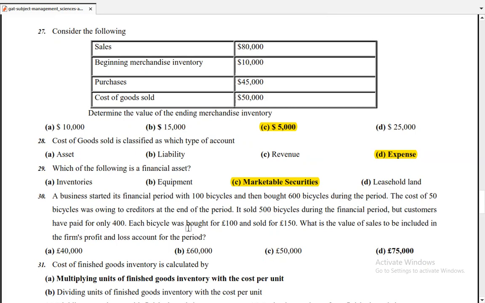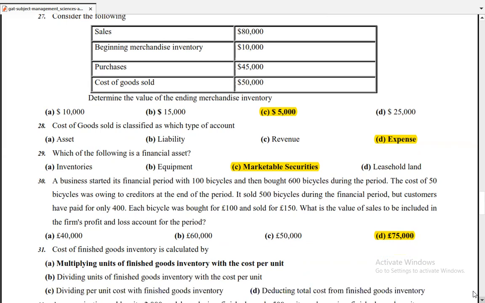Each bicycle was bought for 100 and sold for 150. What is the value of sales to be included in the firm's profit and loss account for the period? It is 75,000. You can note the question and solve it by yourself.